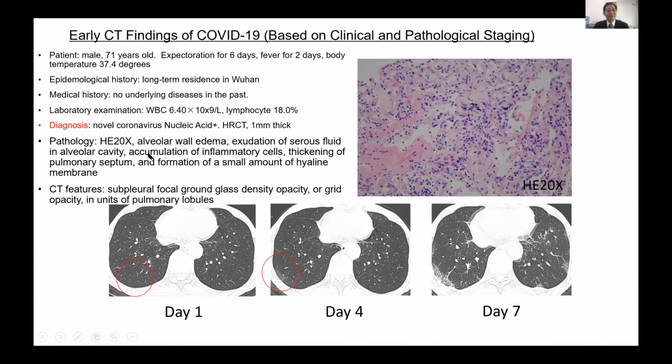Pathological manifestations show alveolar edema, exudation, serous fluid in the alveolar cavity, accumulation of inflammatory cells, thickening of the alveolar septum, and formation of a small amount of hyaline membrane.